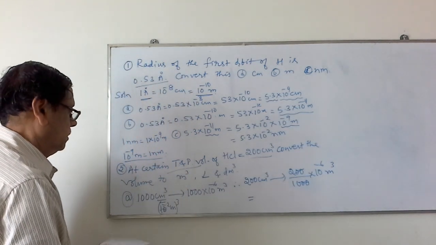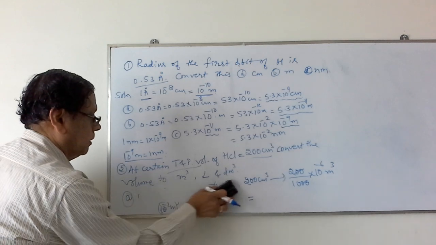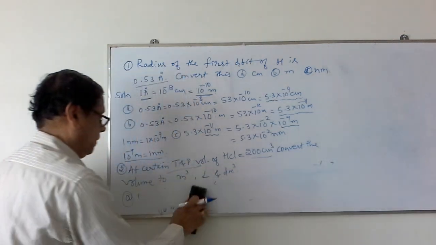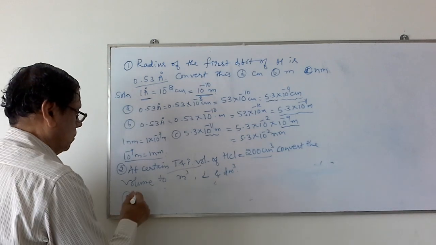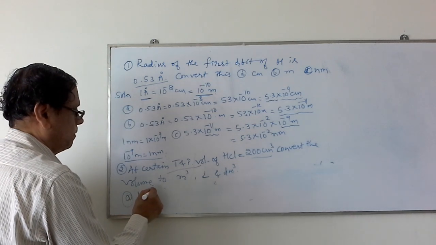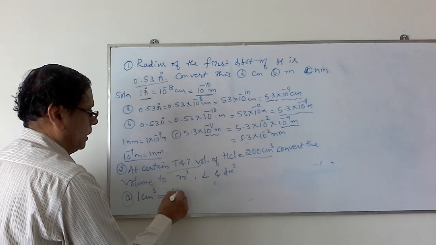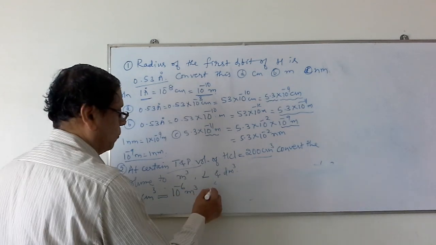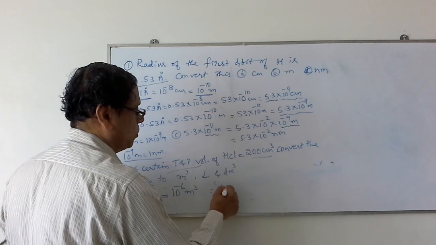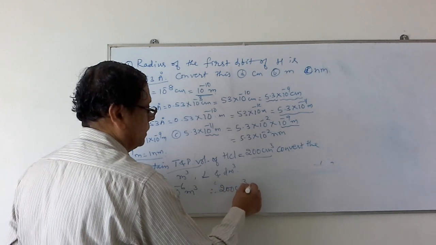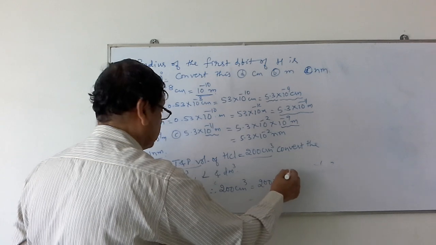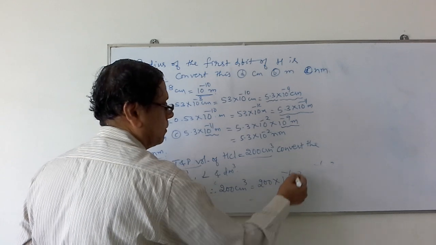Let me write in another way. 1 cm cube is equal to 10 to the power minus 6 meter cube. Therefore, 200 cm cube is equal to 200 into 10 to the power minus 6 meter cube.